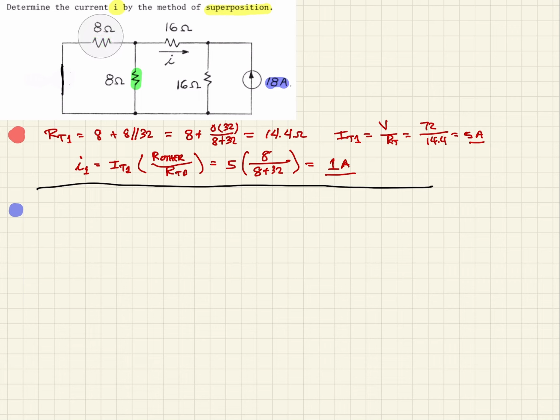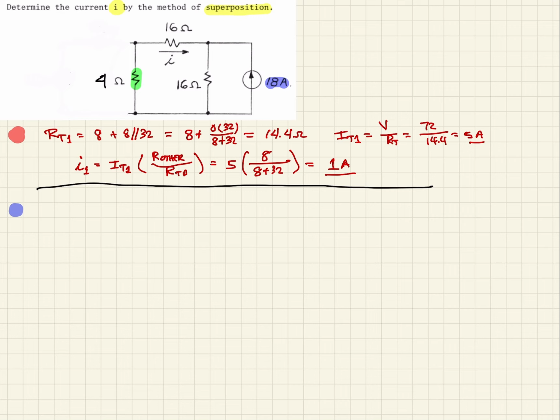So then we can now replace all of this, and get rid of this branch here, and this resistor here, and we can replace this now with just a 4 ohm resistor.